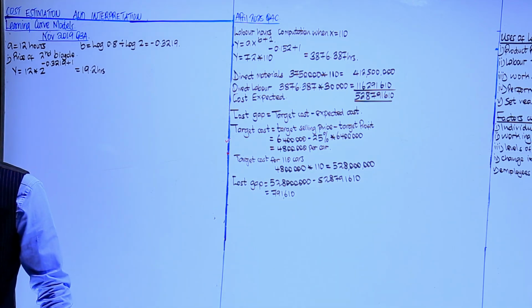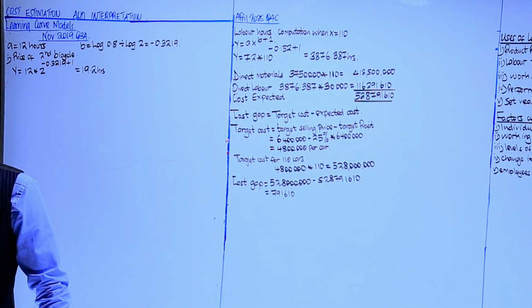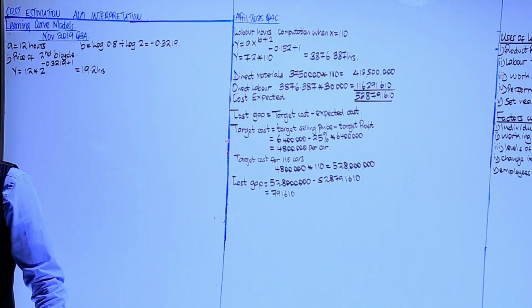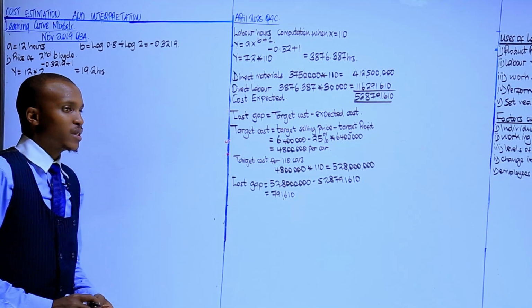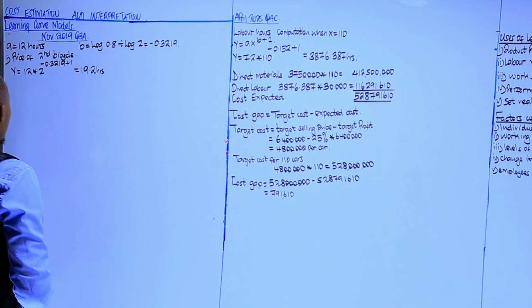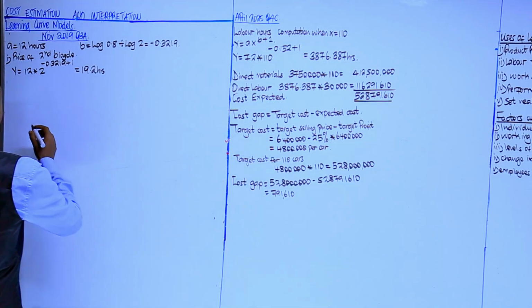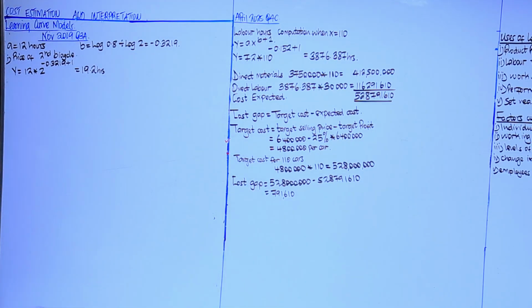The price of the second bicycle if the team purchases the first bicycle assembled and immediately places an order for the second bicycle. Okay.